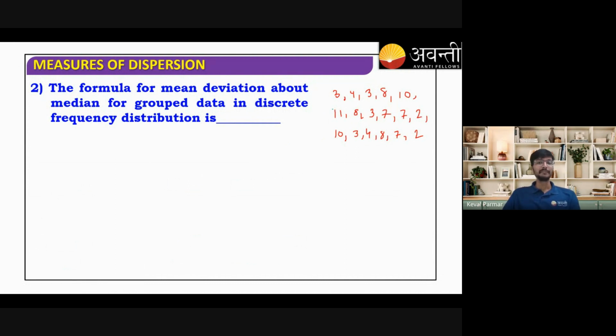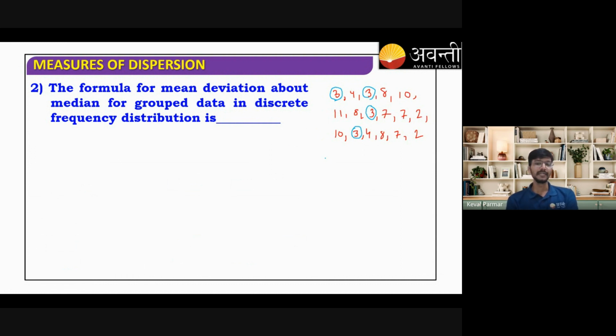There are multiple numbers which are repeating. For example, 3 is repeating 4 times, right? That means this ungrouped data will be better if we convert it into grouped data.